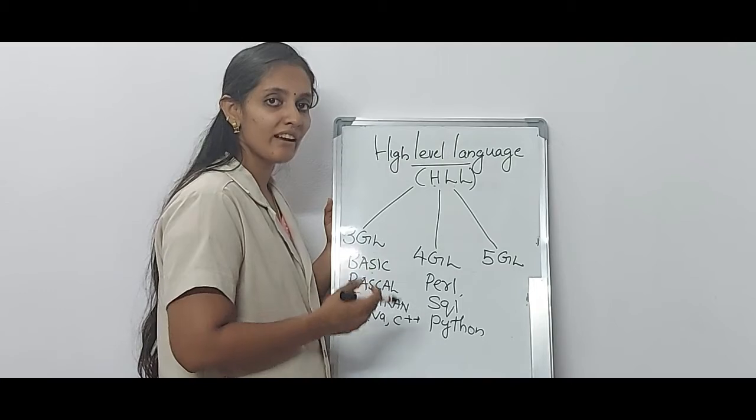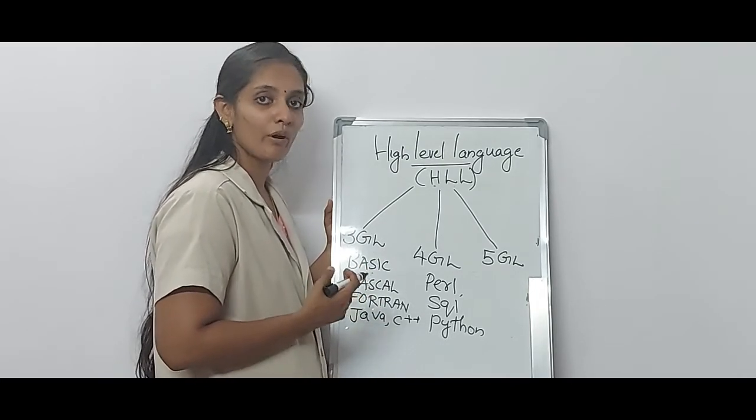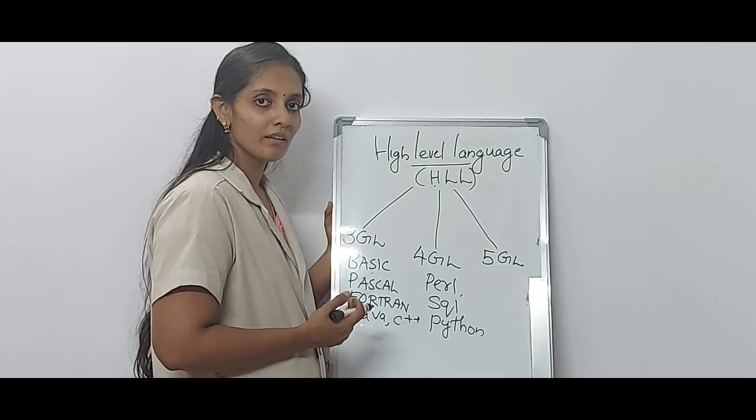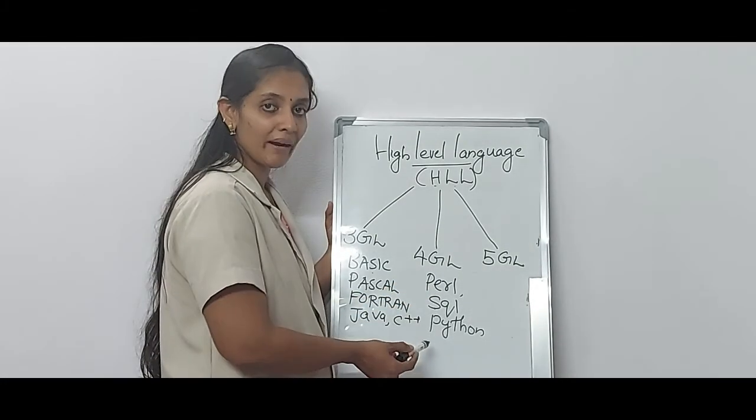It is very easy to develop because it takes very little time and effort for the programmer to develop a program. Examples for fourth generation languages are Perl, SQL, and Python.